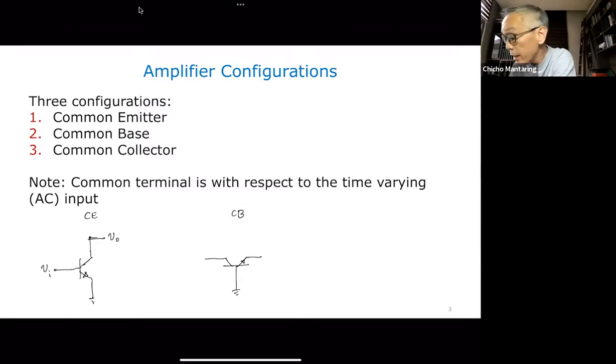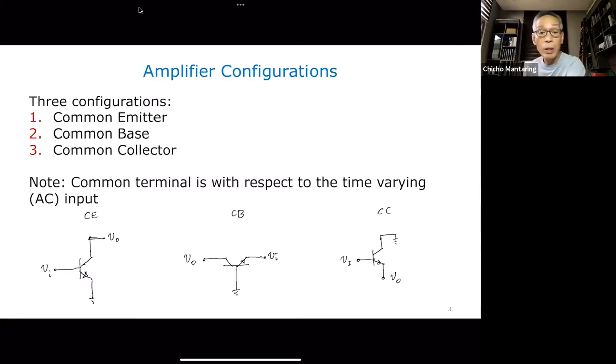Your input is at the emitter, and then your output is at the collector. And then for your common collector, your reference is the collector. So your reference is here. Your input is at the base, and your output is at the emitter.